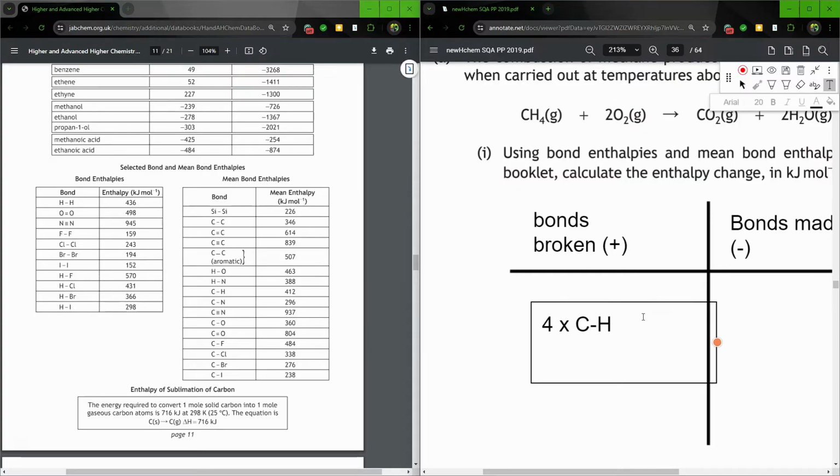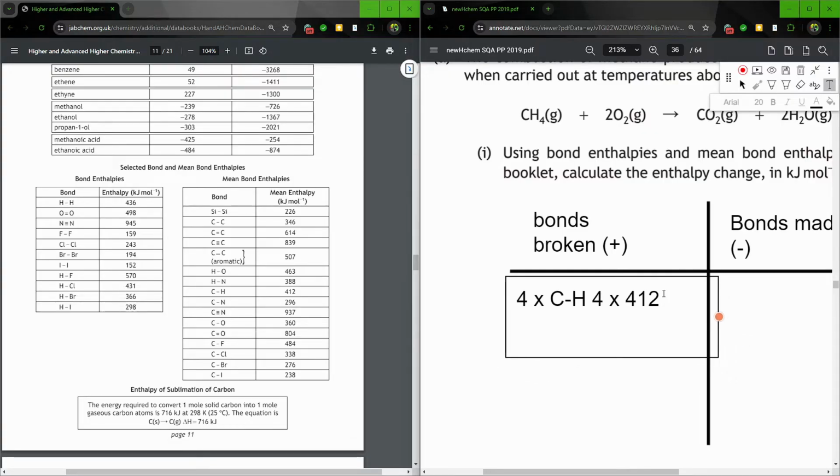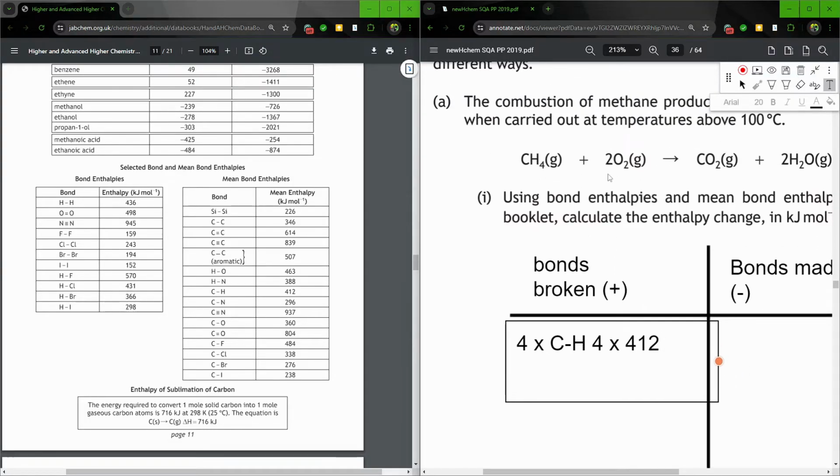It'll be 412. We'll leave this for later. So 4 times 412 kilojoules per mole, and then we'll move on to the oxygens.